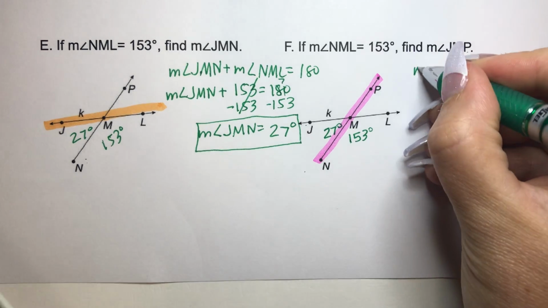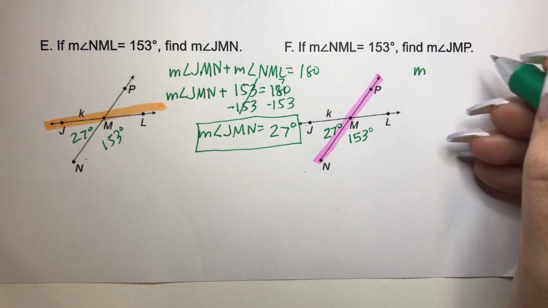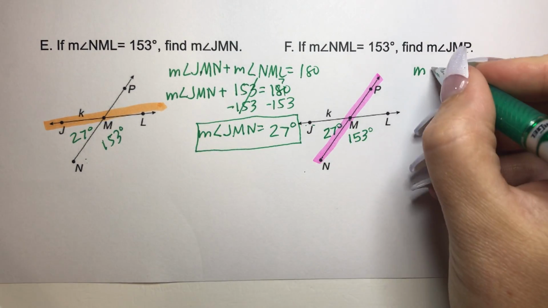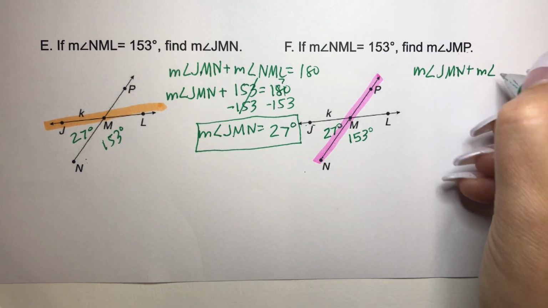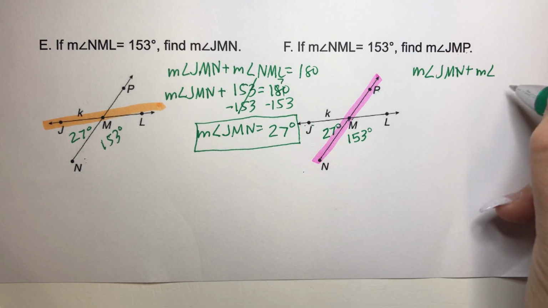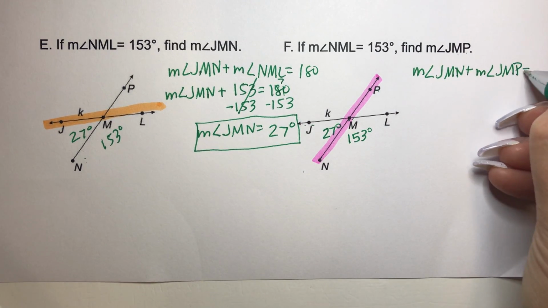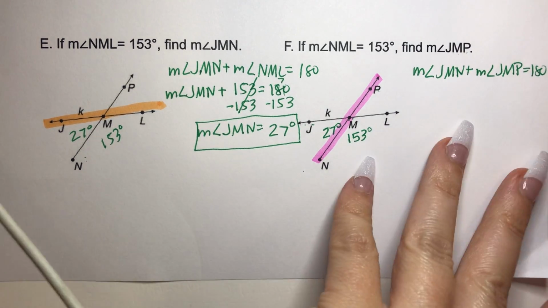So I can make an equation. I can say that the measure of JMN plus the measure of angle JMP is equal to 180 degrees.